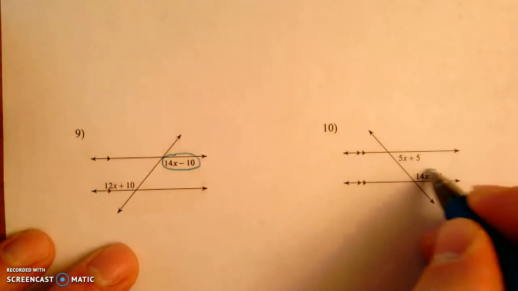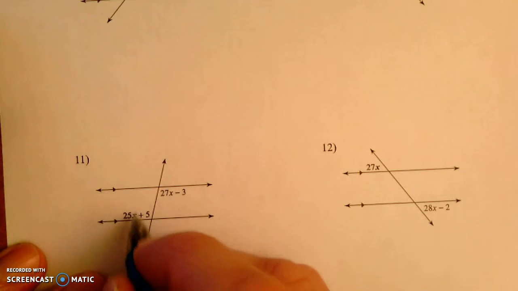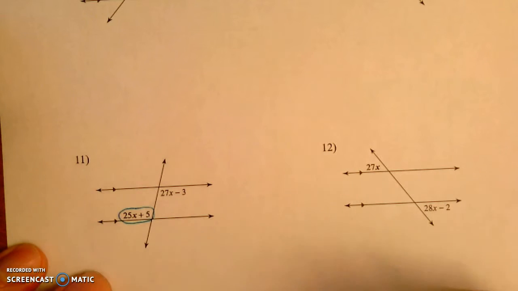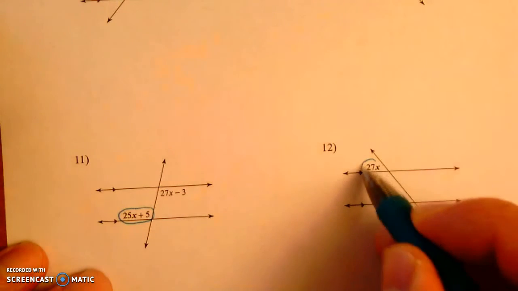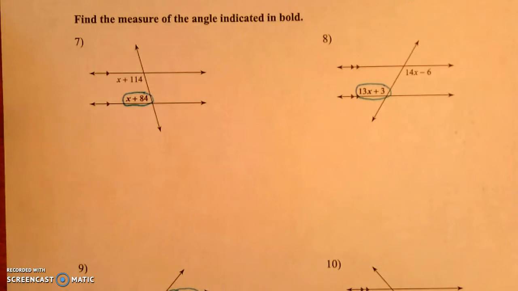Next door, it's that angle right there. And then down the bottom, it's that angle there. And over here, it's, I think, that angle. Okay. So you're not only going to solve for x, you're going to make that extra step to find out what the actual measure of the angle is.